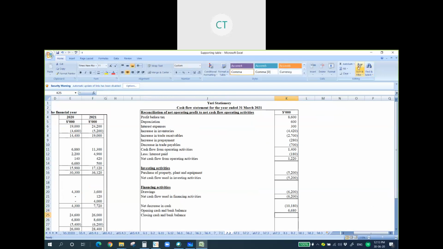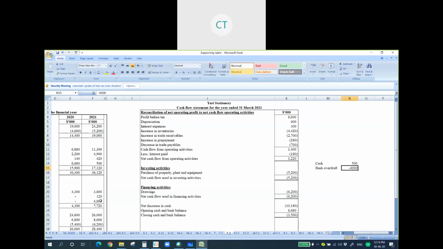And then let's check whether we can get the same amount. Our closing cash and bank balances is a negative 3,500. So we can do a working. The cash we have is 500 here. The bank overdraft we have is how much? It is 4,000.